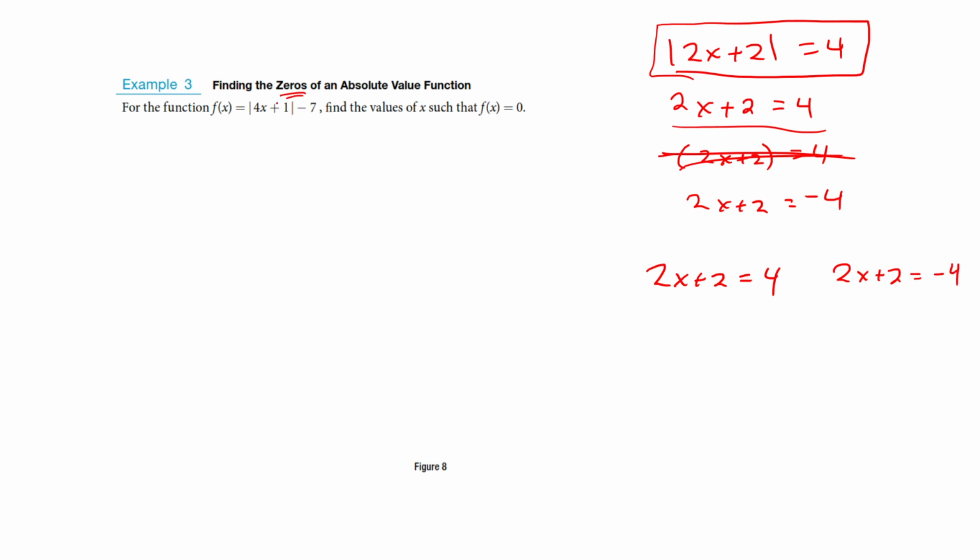Okay, now they're asking us to do that here, trying to solve this for when it equals 0. So I have 0 equals the absolute value of 4x plus 1 minus 7. Now, if students are going to miss this, they're going to think that right now you work it twice, with a plus and minus. You don't work it twice at this point. What you want to do is get the absolute value alone, and then you're going to do that trick.